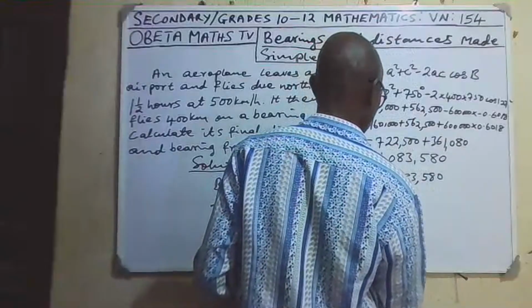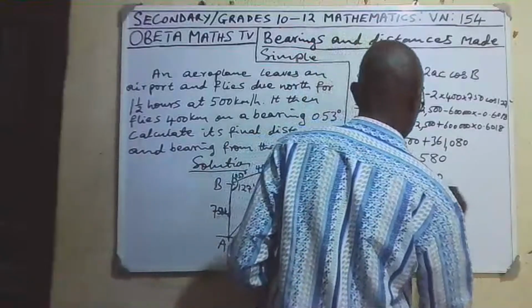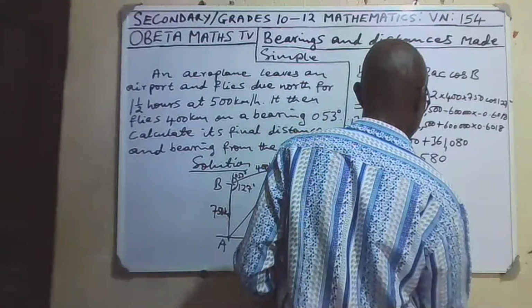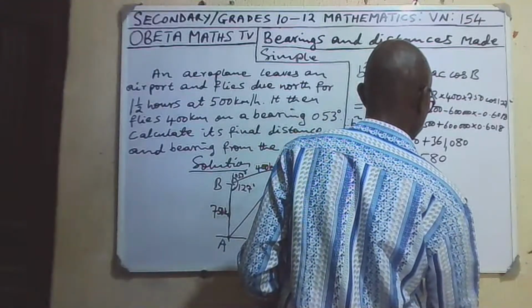Therefore, b alone should be the square root of 1,083,580.